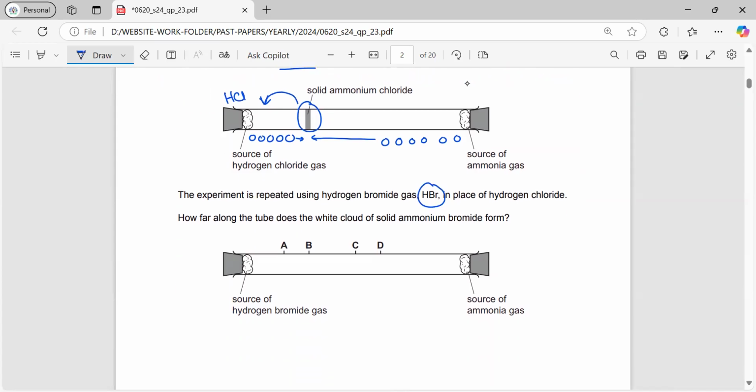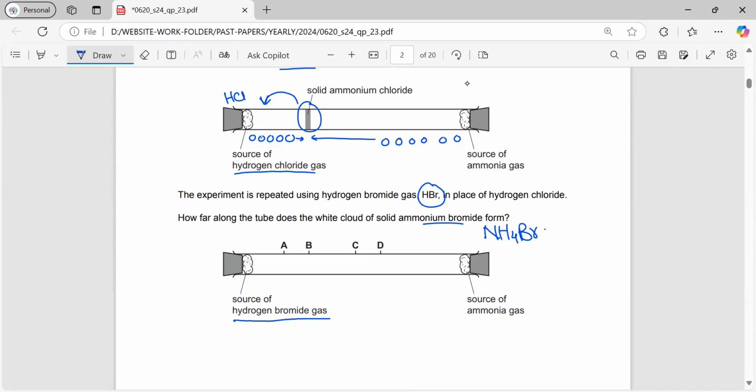So instead of hydrogen chloride, now they have placed hydrogen bromide. How far along the tube does the white cloud of solid ammonium bromide form? Now, the ammonium bromide, NH4Br, they are asking where will this ammonium bromide cloud form?